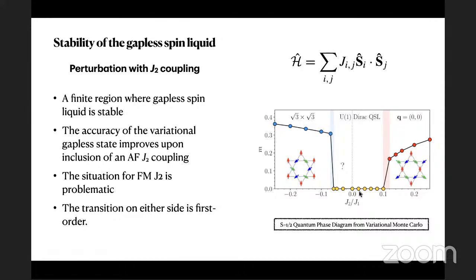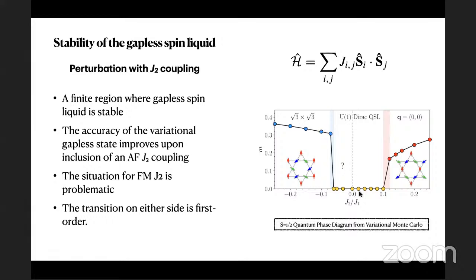Finally, the transition on either side is first order. In particular, the transition from the Dirac spin liquid to Q=0 is first order, although from symmetry arguments it's actually permitted to be second order. I'll go into this in a little more detail.